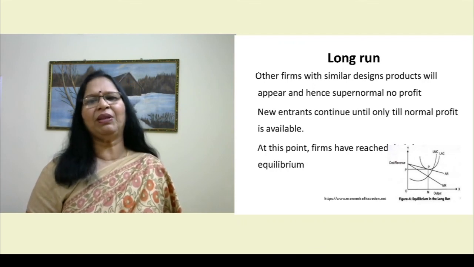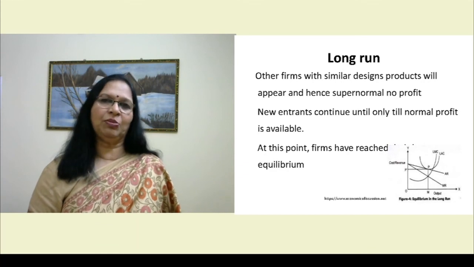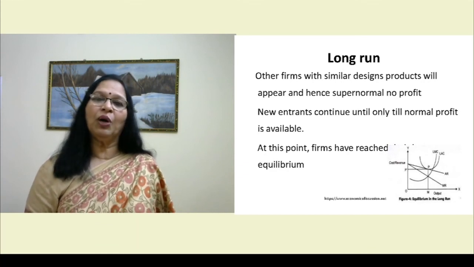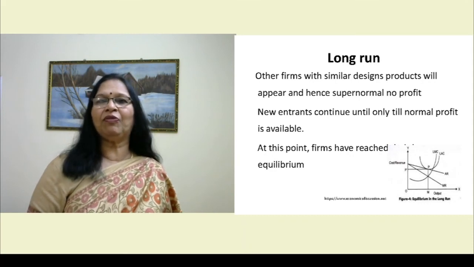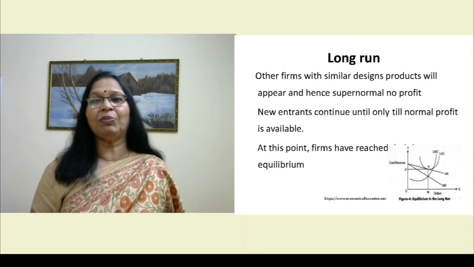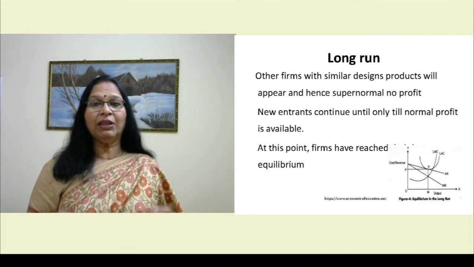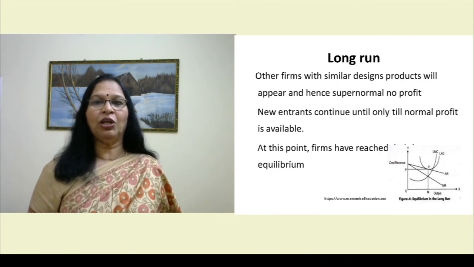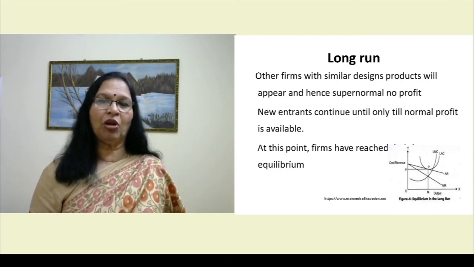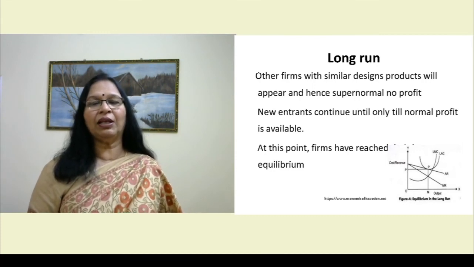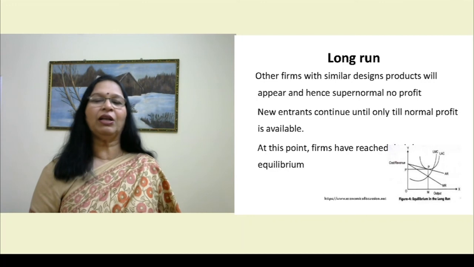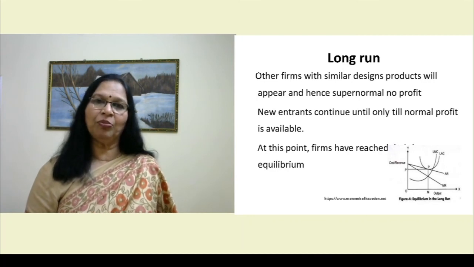This is something which is very common to this monopolistic market. So you understand now that this monopolistic market is very uniquely different from the perfect market, as much as it is away from the perfect monopoly market. But at the same time, it has features of both the uniqueness of the monopolist and a degree of the competition of the perfect market, and how these firms can compete with each other.